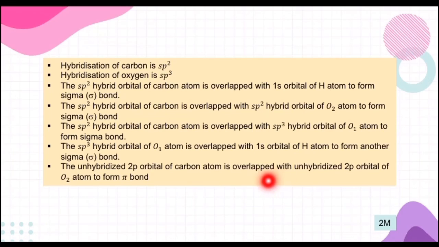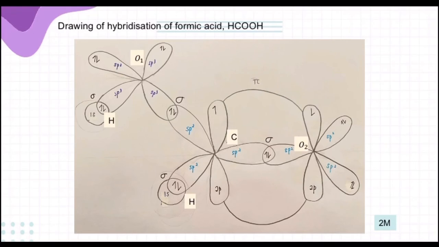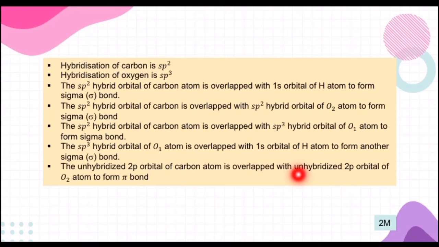This is the explanation for the drawing earlier. The first 2 points here is the most important thing. The hybridization of carbon atom is sp2, and the hybridization of O1 atom is sp3. So the sp2 hybrid orbital of carbon is overlapped with 1s orbital of H atom to form sigma bond, the first sigma bond. The sp2 hybrid orbital of carbon is overlapped with sp2 hybrid orbital of O2 atom to form sigma bond.